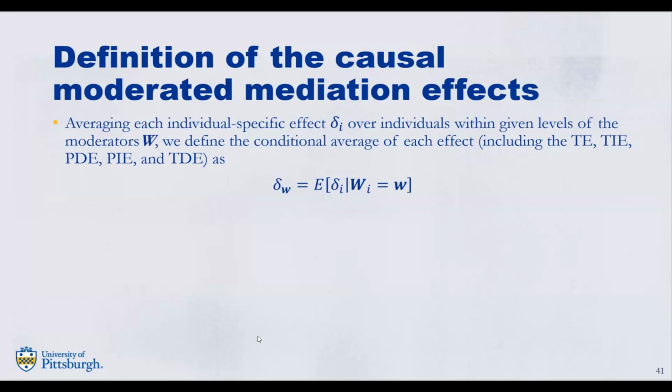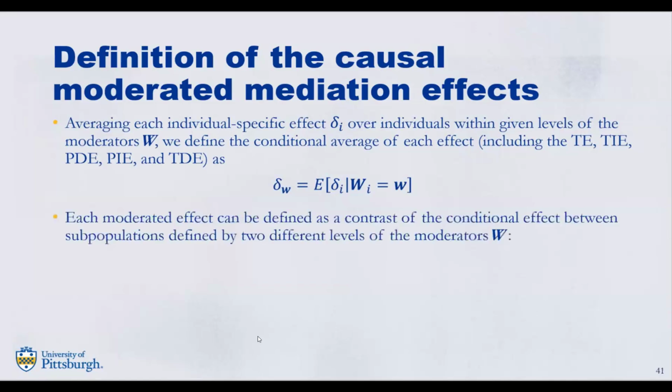But now we introduce moderators. So we have it as the condition here. We take a conditional expectation of the individual specific effects at given levels of the moderators, so that each moderated effect can be defined as a contrast of the conditional effect between subpopulations defined by different levels of the moderators, like this. So here we use delta to define the total effect, the total indirect effect, pure direct effect, pure indirect effect, and total direct effect, any causal mediation effect.